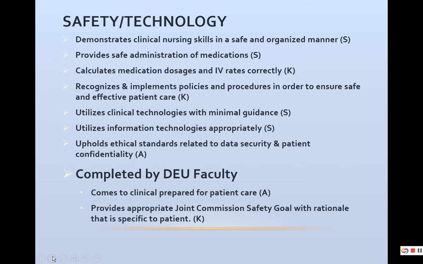Safety and technology. Again, this would include safe administration of medications, using clinical technology with minimal guidance. And I think you will agree with me that our students typically are pretty comfortable with technology, and they're very able to search out medications and find the side effects or find the teaching needs or associated data.